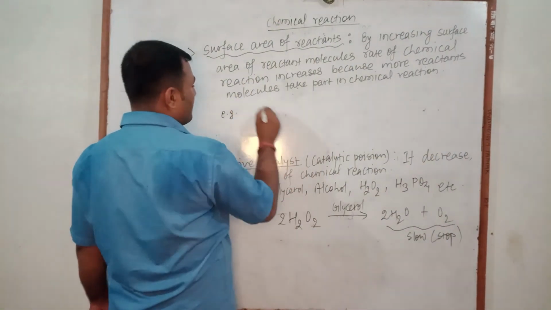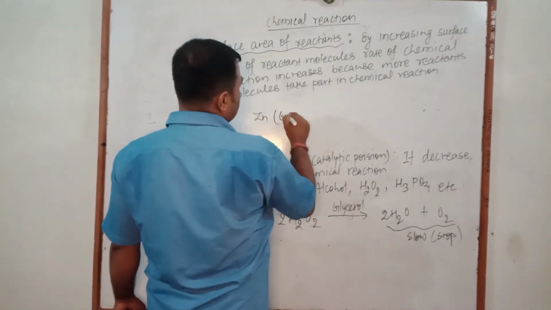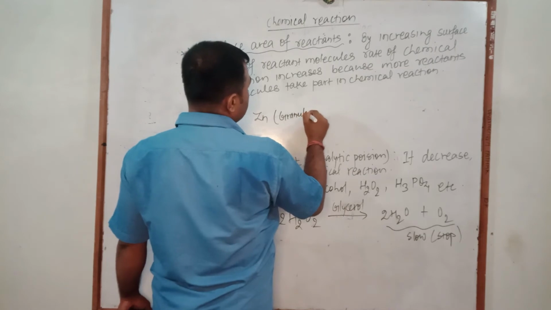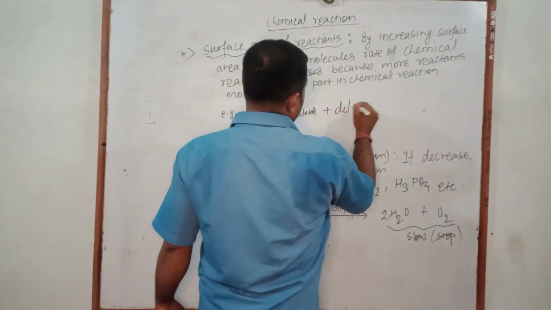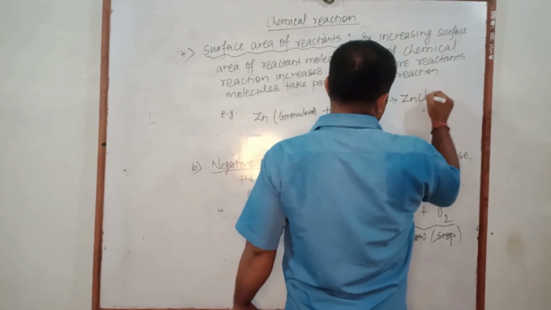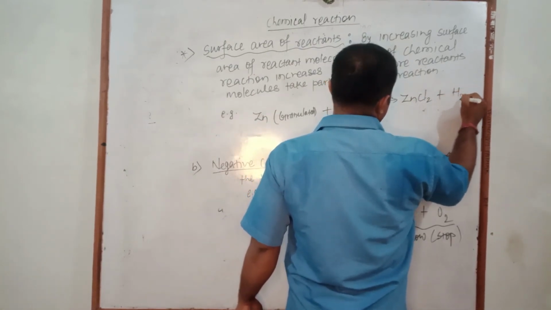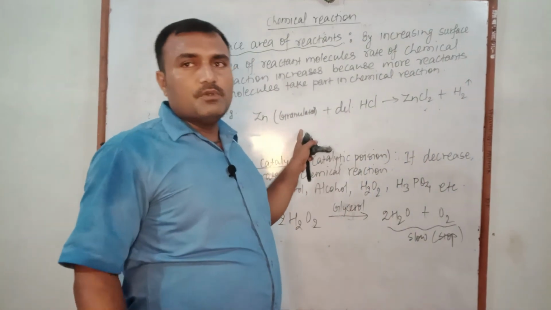As for example, when we use granulated zinc with an acid like hydrochloric acid, zinc chloride and hydrogen gas are formed. Simply, granulated zinc we use. Why?